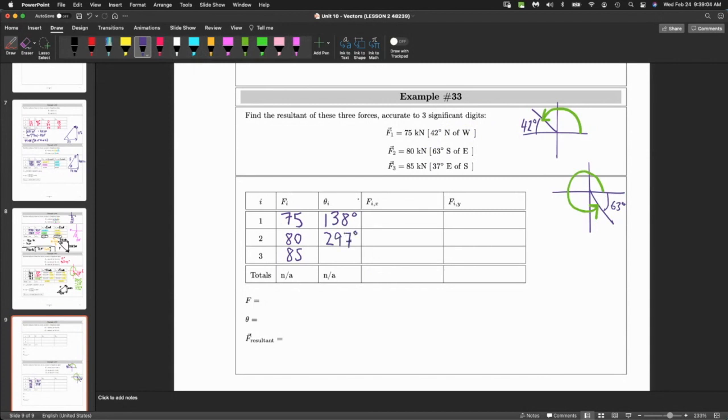And finally, we have one more, 37 east of south. So that's 37 there, but you don't want that angle by itself. You want to measure the angle all the way around, so that would be 270 plus 37, which is 307.